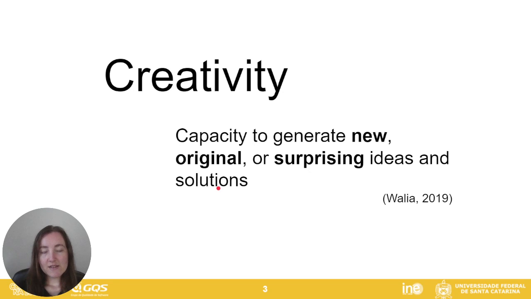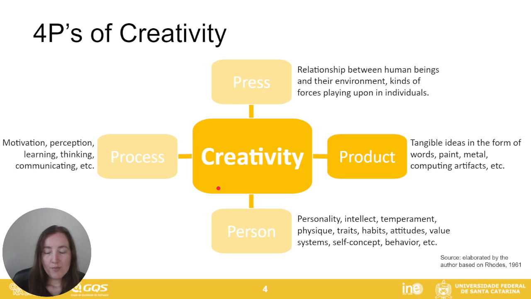Creativity is a multidimensional construct. It can be represented from different perspectives. For example, one of them is the four P's of creativity proposed by Rhodes, which divides creativity into press, process, person, and product.